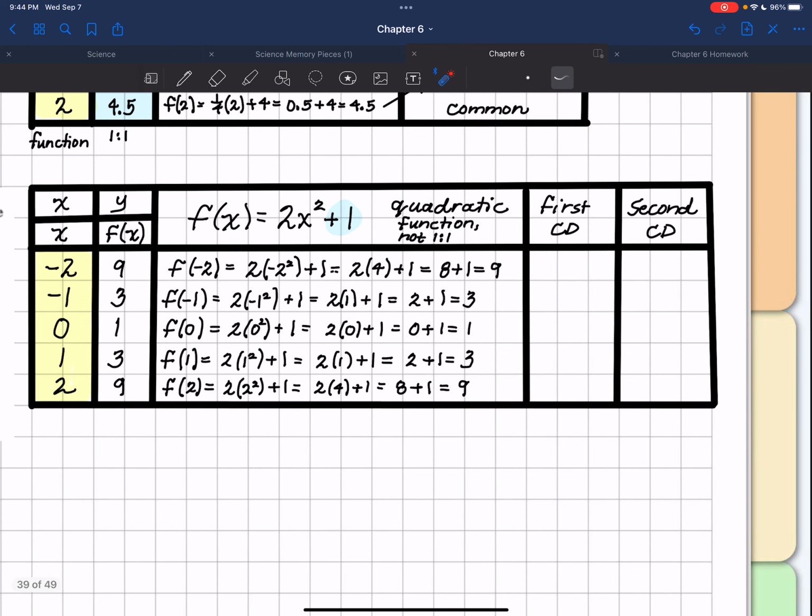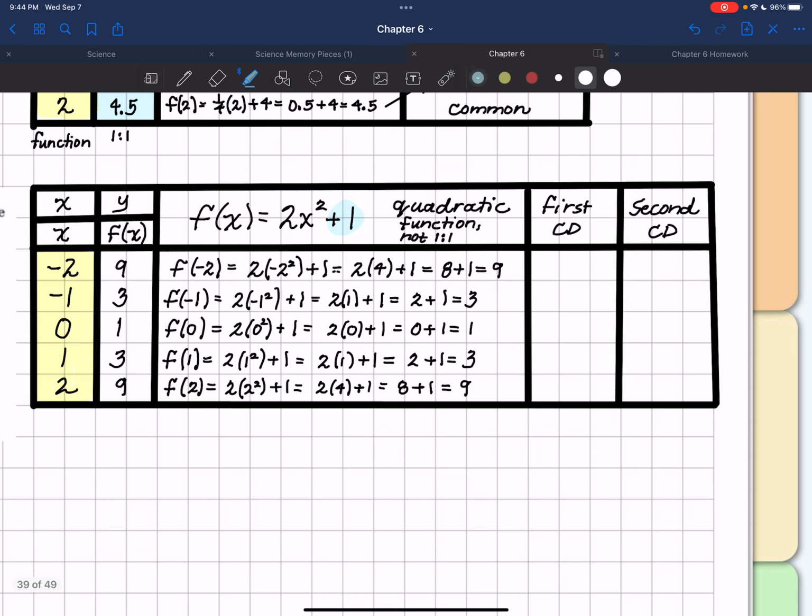Okay, so let's find consecutive differences. Again, this tells me that it is not 1-to-1, but that's okay. We don't want it to be. If it's quadratic, that wouldn't work out very well. The yellow tells me that it's a function.